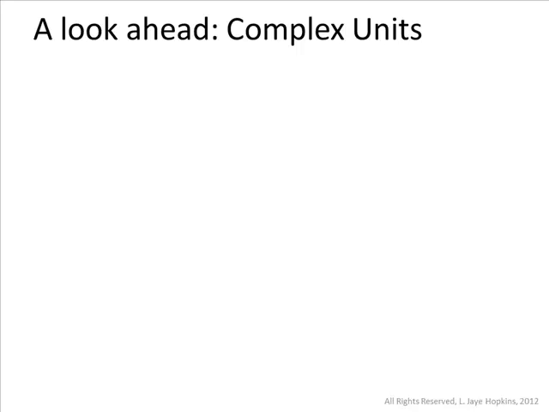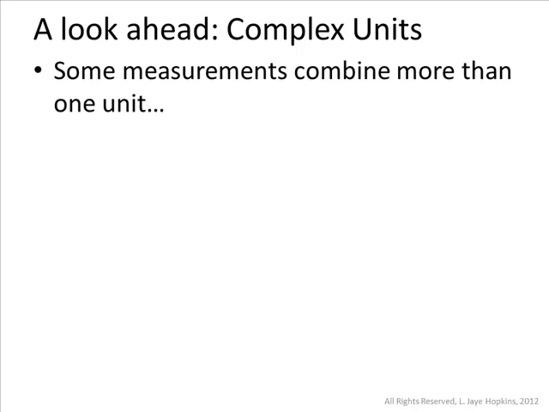Before we start to talk about the numbers that are used in measurements, and not just the units, I want to point out that we will work with a lot of values that have complex units. And it's important to say that complex units doesn't mean complicated or hard to work with. It simply means a unit that has more than one measurement combined.